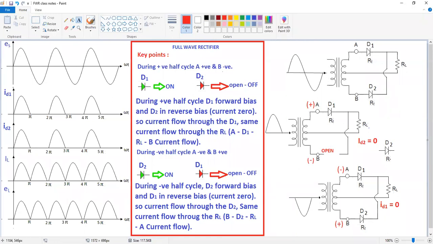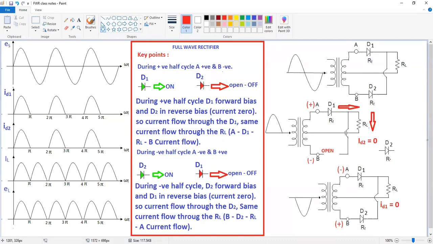So, what is the current flow direction then? From positive to diode D1, and after that through the load resistance like this, and thereafter the current moves towards the negative of your B. Why?